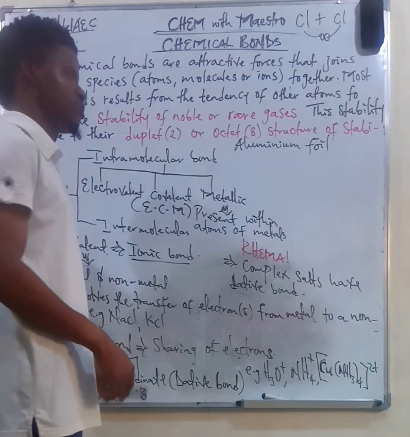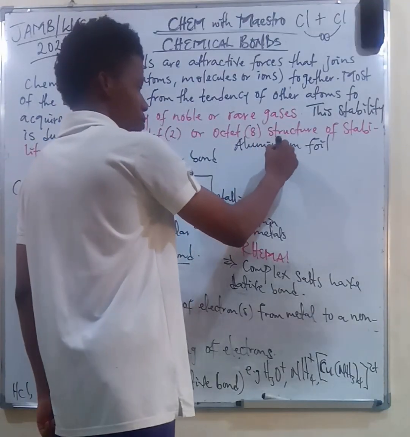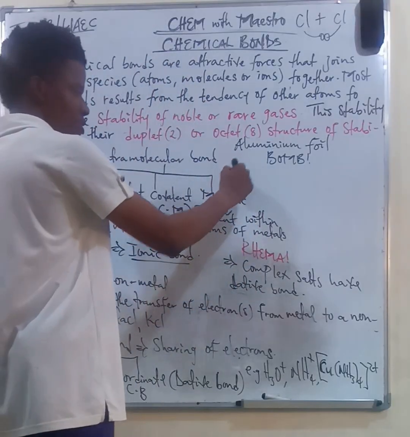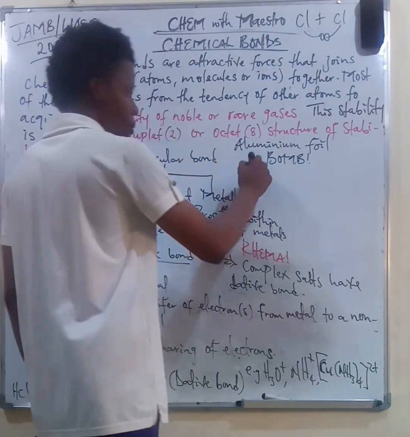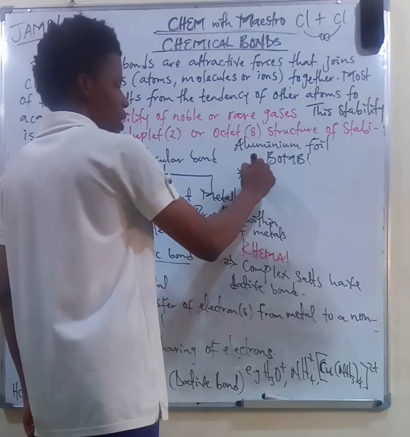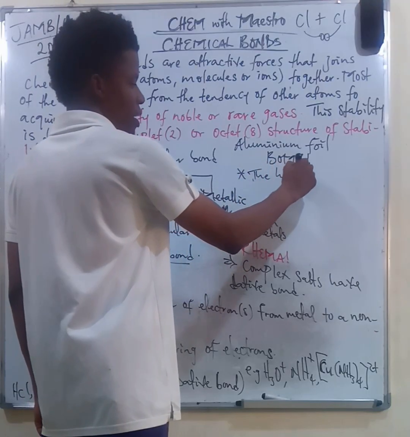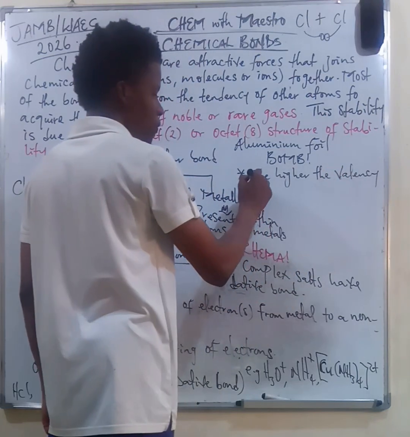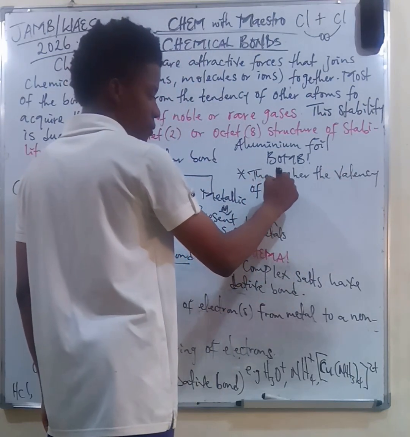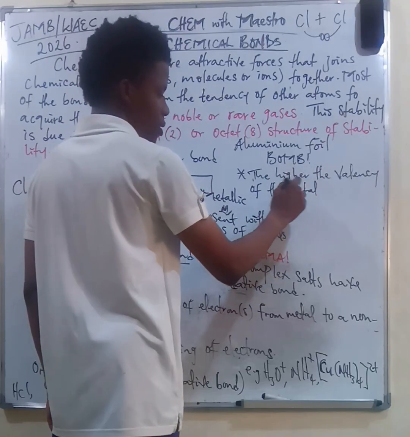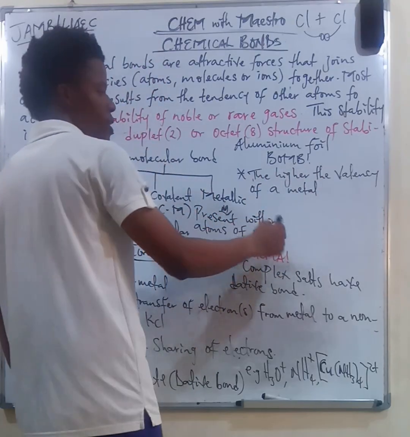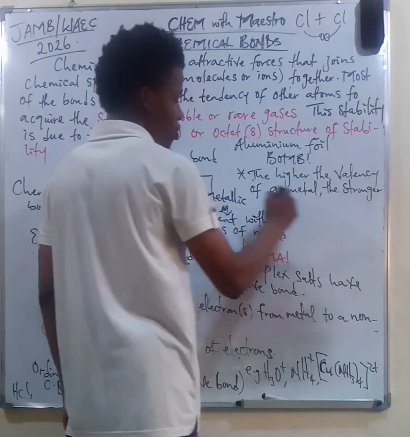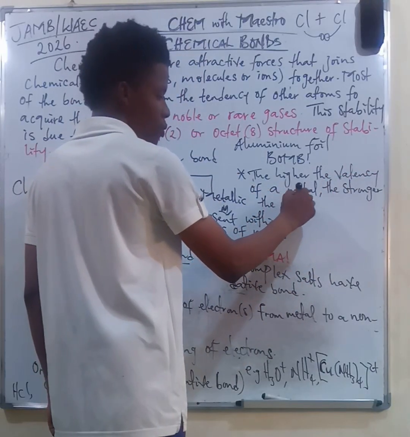All right, metallic bond. Now, I also want you to take note of something else. This one is another important fact. Now, listen. The higher the valency of a metal, the stronger the metallic bond.